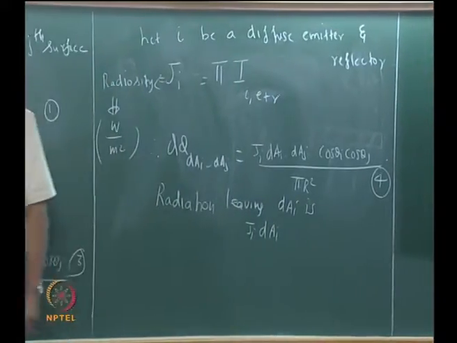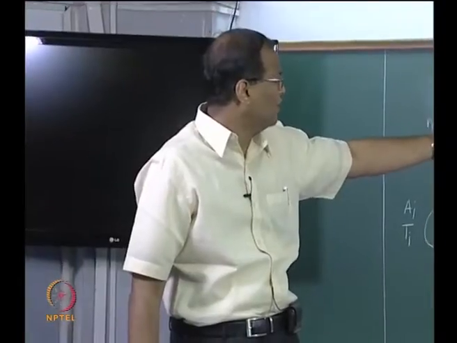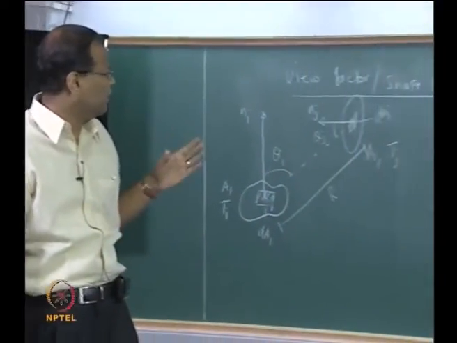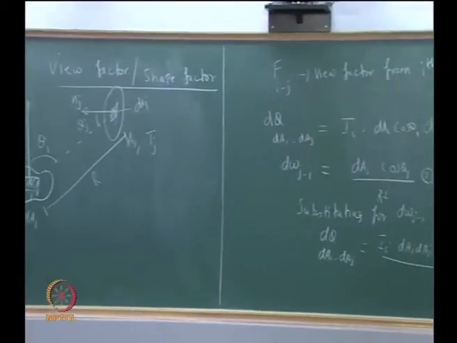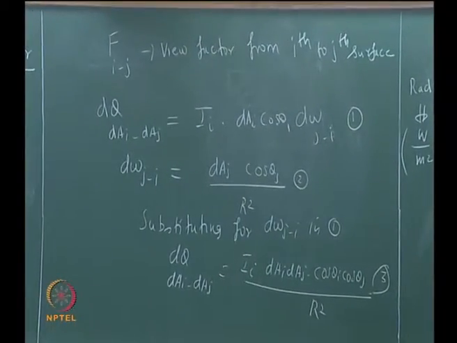Agreed? Watts per meter square into meter square, watt. Then if you look at the units for equation 1, 3 and 4, they are all having units of watt, very good.